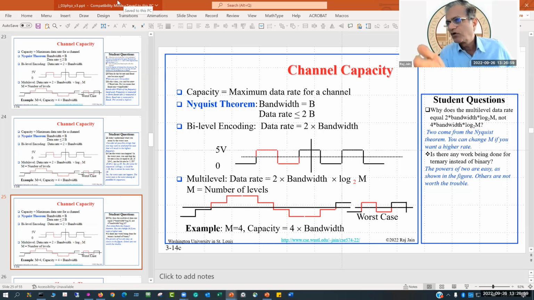But as we go into the higher levels of QAM, we can have multiple amplitudes and multiple phases, but they're all powers of 2. All right, powers of 2 are easy. Next.